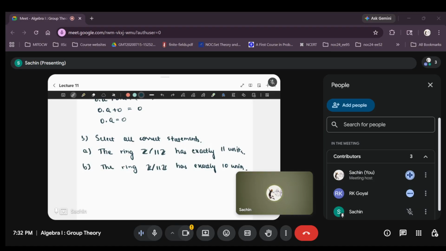No, it's only a prime, not a power of prime. The way we get fields with power of prime is different, not from integers. Yeah, exactly prime integers are obtained from Z mod PZ for some prime P.